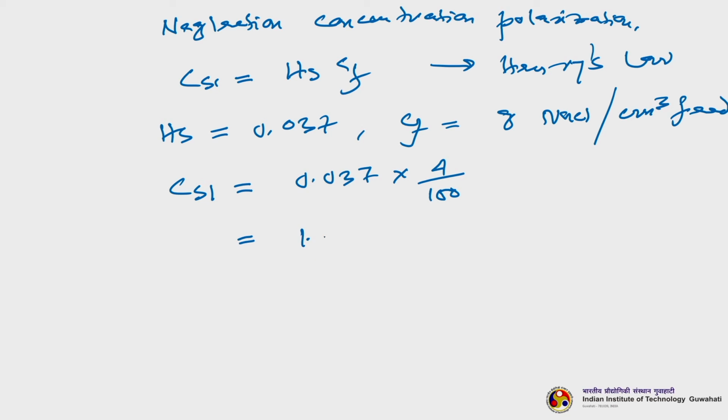So, it is 1.48 kg per meter cube. So, this is the feed side.